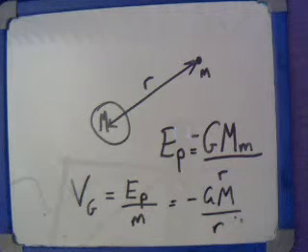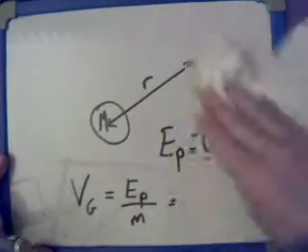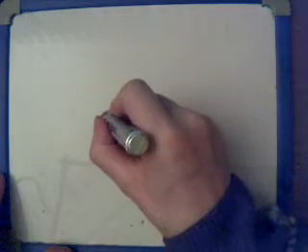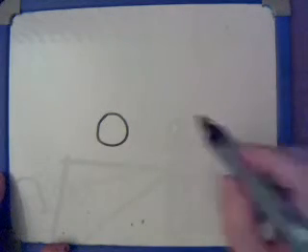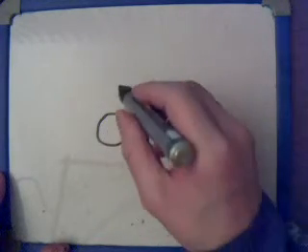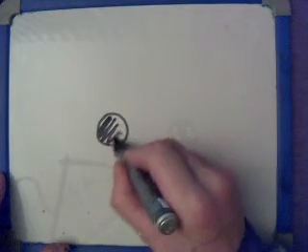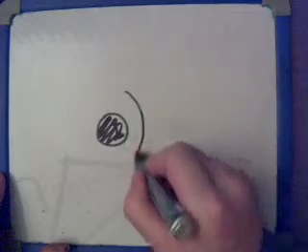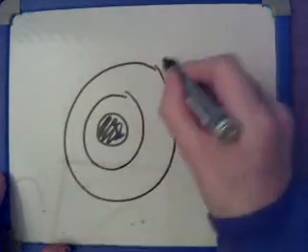That's the potential. Okay, let's do some more drawing. Here's the Earth, and around the Earth we'll have concentric lines of equipotential.